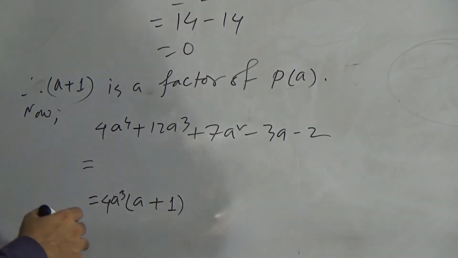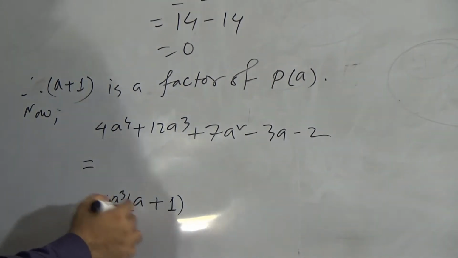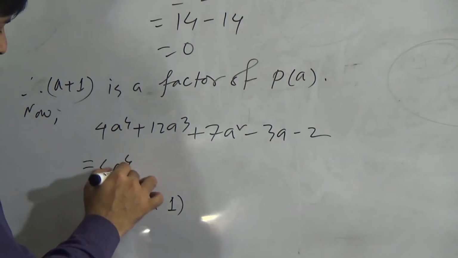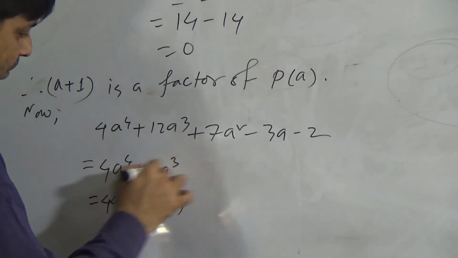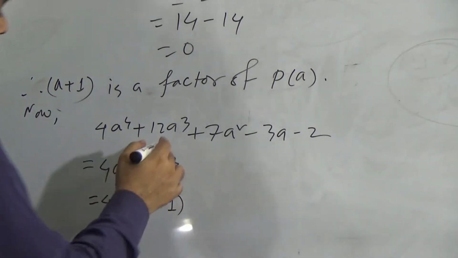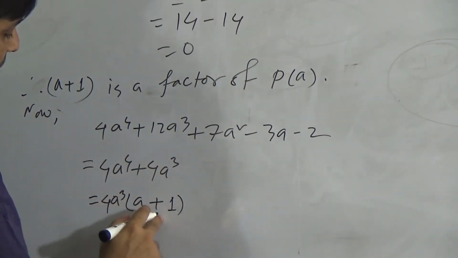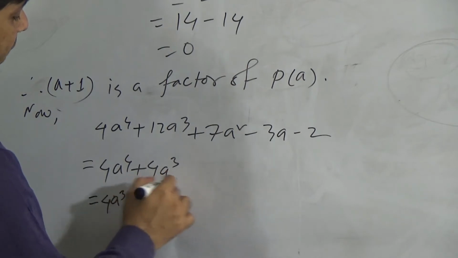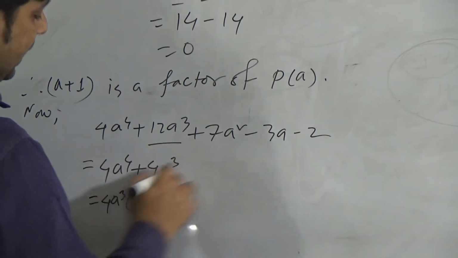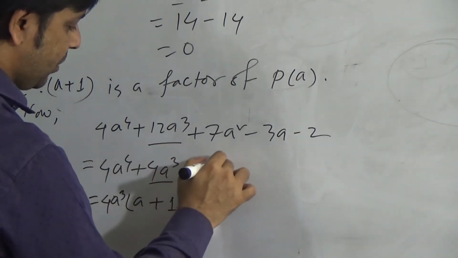If you take 4a cube as common, you will get 4a to the power 4 plus 4a cube. Now 4a cube I have written, but we have 12a cube, so we can write 8a cube remaining.